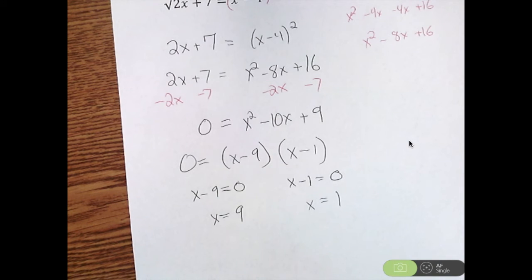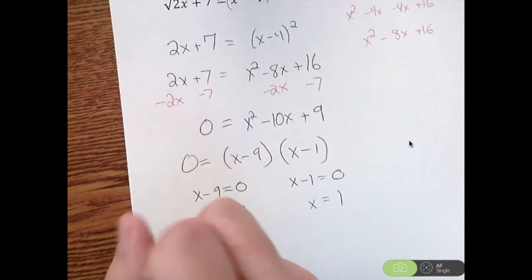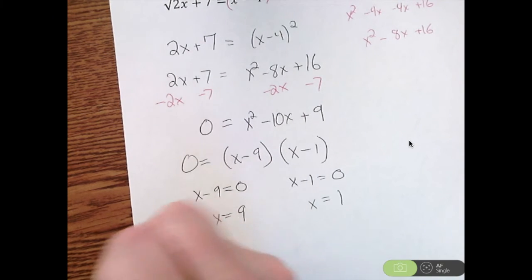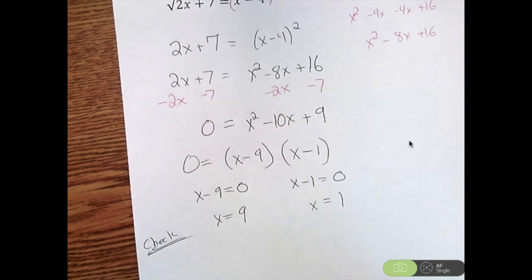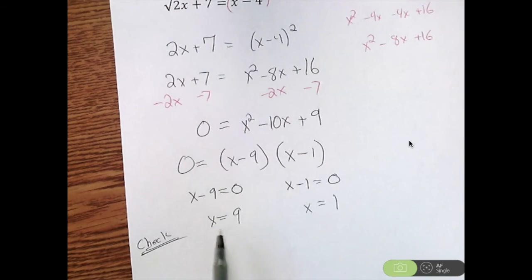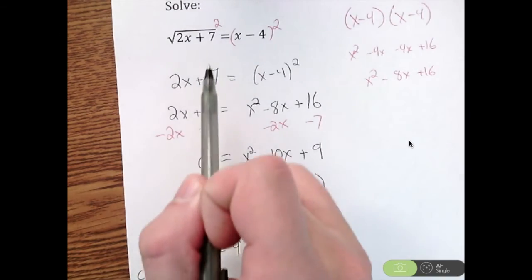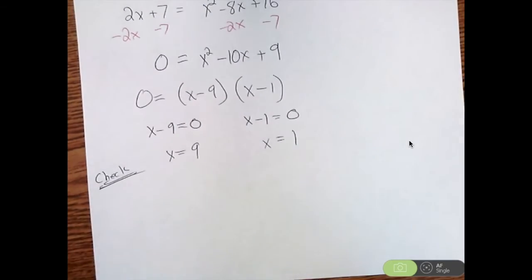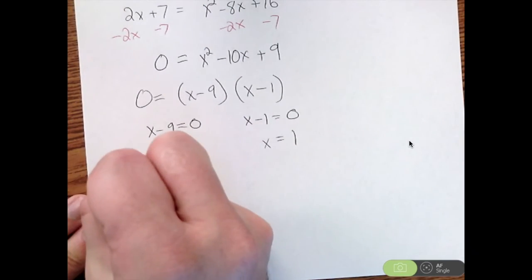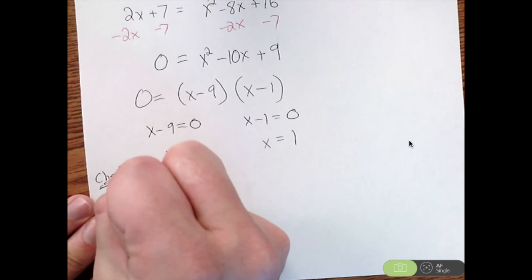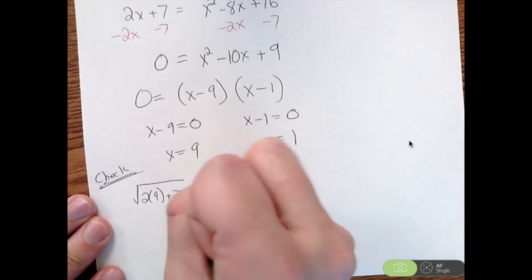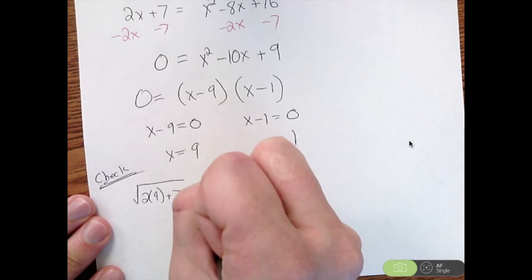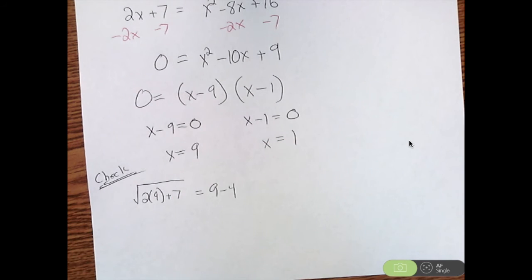But very similar to my previous video, before I move on, I want to check and make sure these numbers work. This is very important: check to make sure 9 and 1 work. I'm going to take each of them individually, plug back into the beginning and make sure it works. I'm going to start with the 9. From the original problem, I would have the square root of 2 times 9 plus 7 equals 9 minus 4.